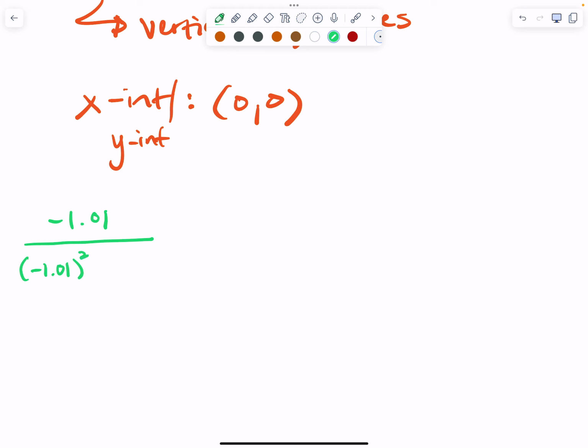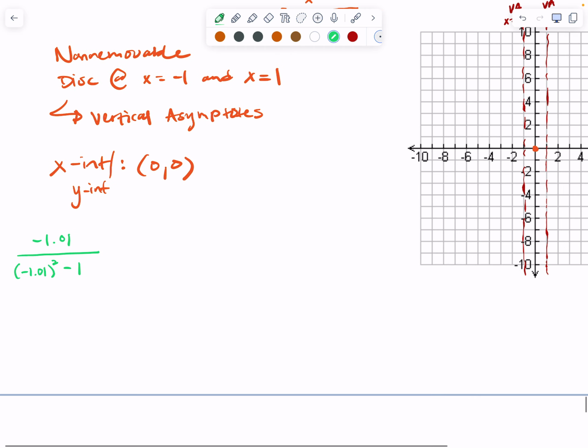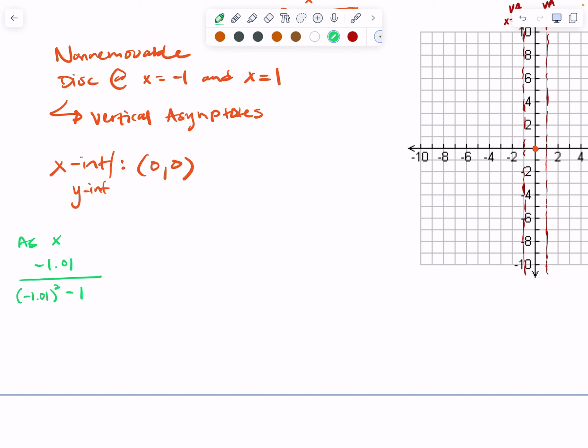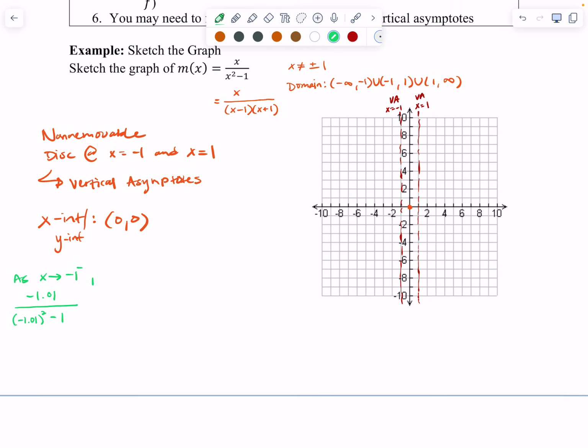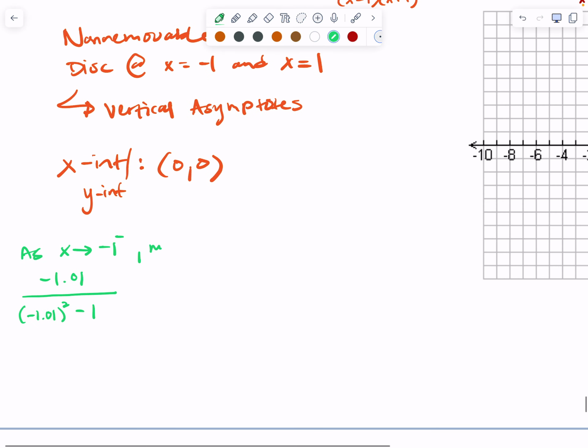Wait, so would this be like as x is approaching -1 and then a minus symbol on the top, from the left? Yeah, so this is our thought process for thinking about as x approaches -1 from the left, m of x is approaching, and we're just checking the sign. The numerator would be negative. The denominator, though, would be positive.